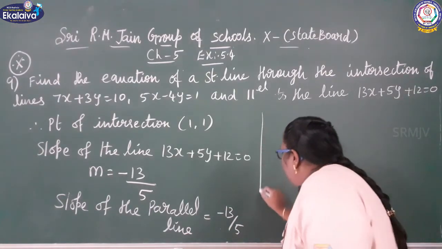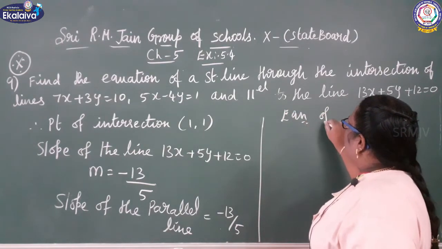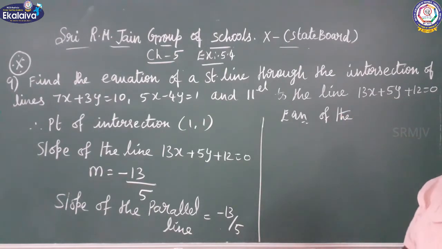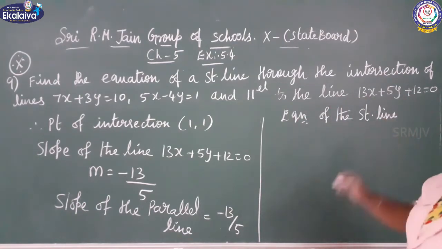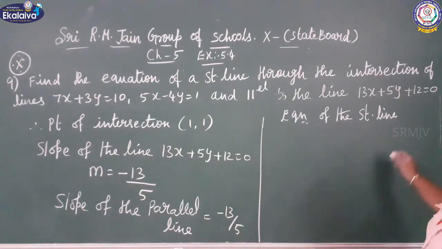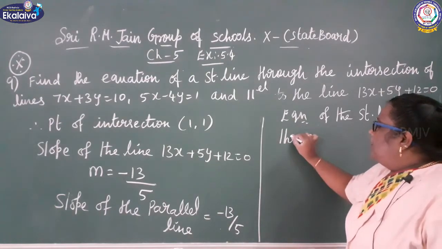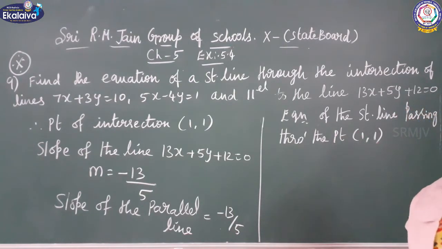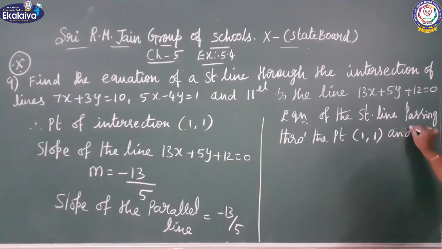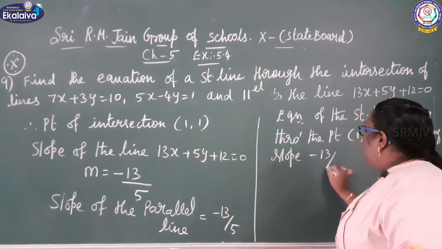So you should find the equation of the straight line passing through the point 1 comma 1 and having slope minus 13 by 5.